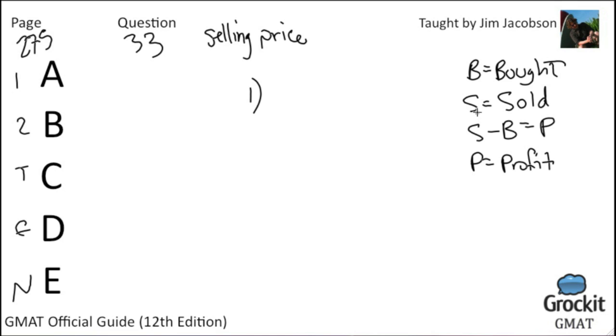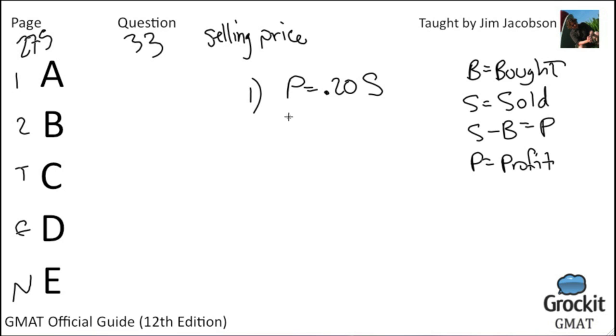Okay, so the first statement tells us the gross profit on the appliance was 20% of the price that it was sold. So using our variables over here, this tells us that the profit was 20% of the selling price. And so then we can also do the remaining equation there.